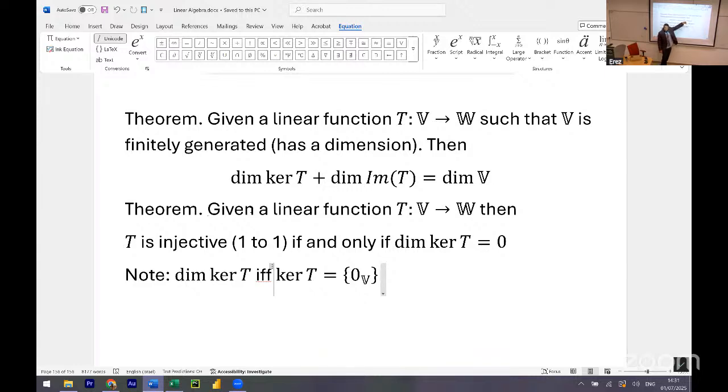Does it force it to be surjective? Only if the domain and the range have the same dimension, and then the answer will be yes. If the domain and the range have the same dimension, then the function is invertible if and only if it's injective. But if the domain and the range have different dimensions, then it won't be.